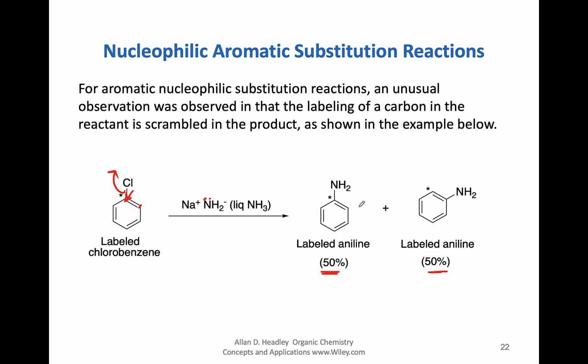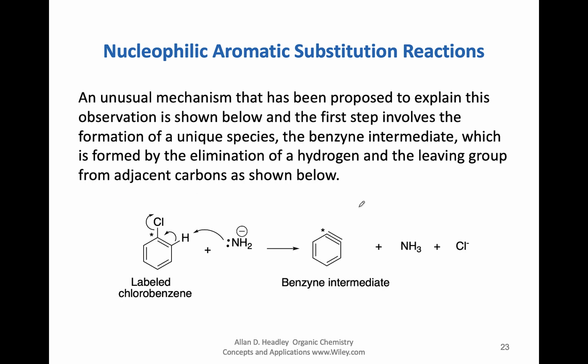There's a very unusual explanation, and creative explanation, might I add, and still used to explain this strange reaction. So the first step in this mechanism is that the strong base, which is also nucleophilic, abstracts the hydrogen adjacent to the leaving group, creating a triple bond.